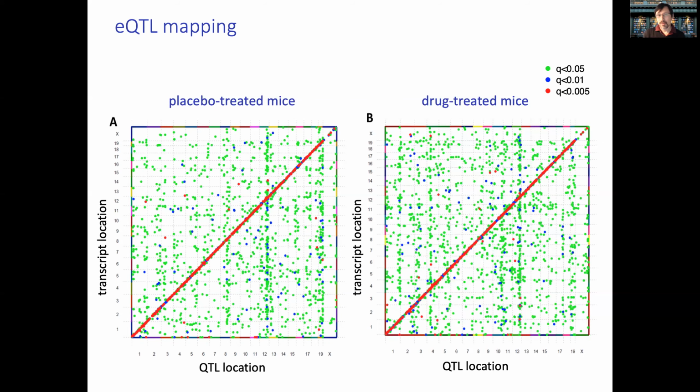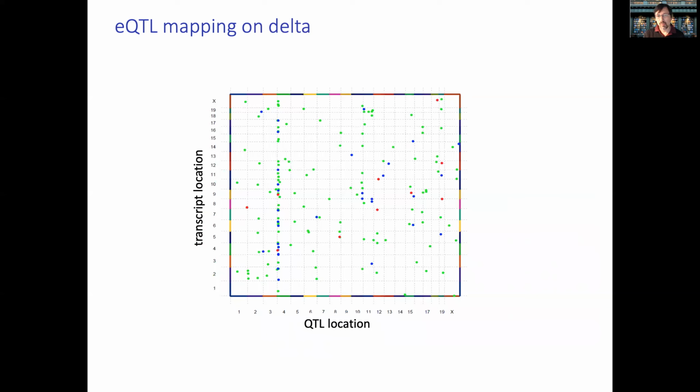But because of the way we designed our studies, we were able to look at the delta. And when we map on the delta instead, we see a quite different picture. It's much more sparse. There's no cis-QTL line. The first time we saw this, we thought, well, maybe that's some kind of mistake. But then we realized, oh yeah, that actually makes sense.